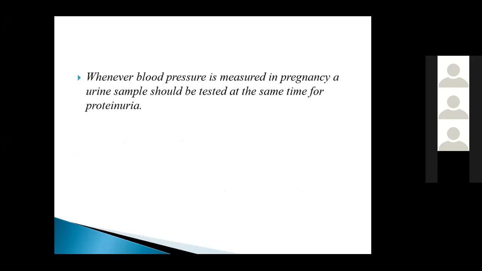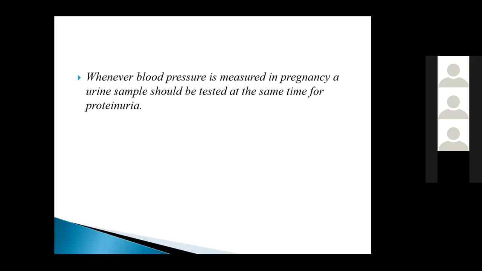Whenever blood pressure is measured in pregnancy, a urine sample should be tested at the same time for proteinuria. Means how are we going to screen such patients? Obviously, we check her blood pressure, and if we find she has high blood pressure, we will advise some other investigations, in which urine for albumin will show proteinuria, whether it is positive or not.